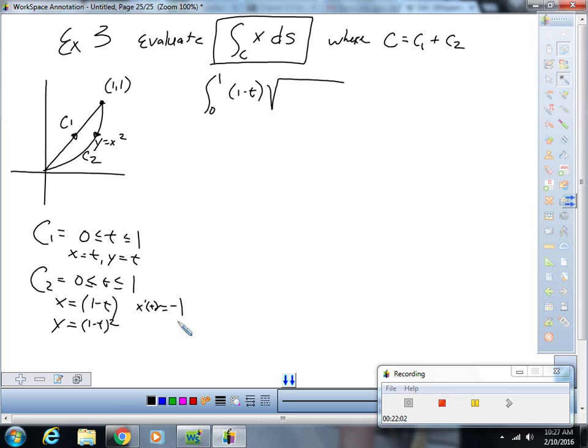Negative 1. And what is y prime of t? Negative 2 times 1 minus t. So 2t minus 2, right?